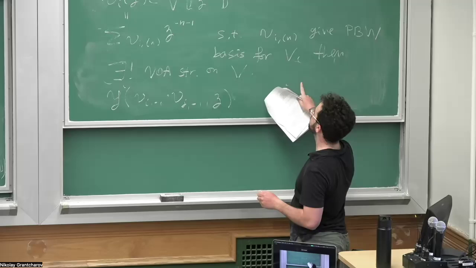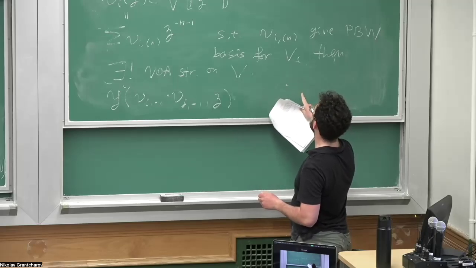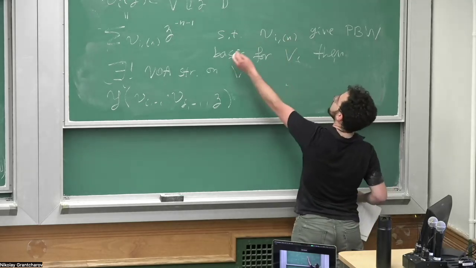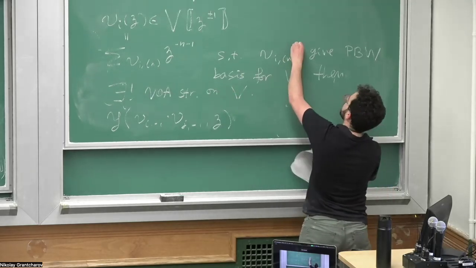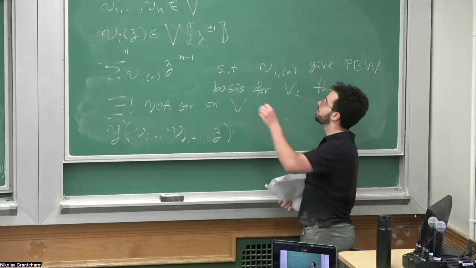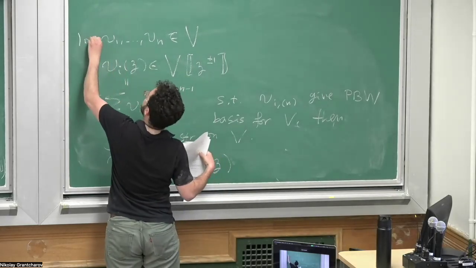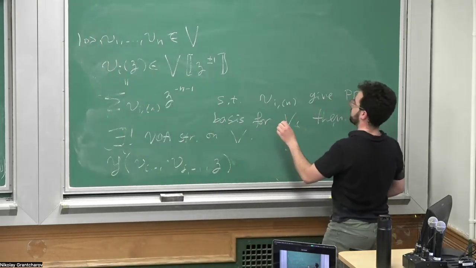Right, now you're writing endomorphisms, so yeah, we need to apply them to the vacuum vector. We need to also have the vacuum space.